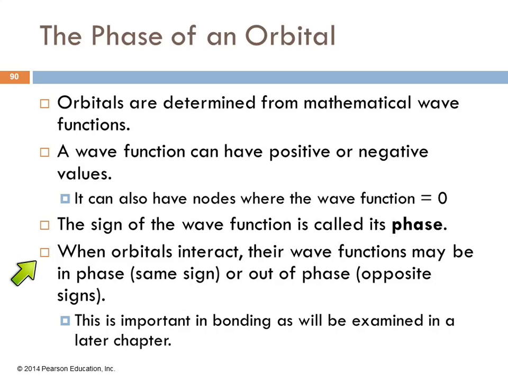When the orbitals overlap, they can be in phase, meaning they have the same sign, or out of phase, opposite in sign. This is going to be really important in a later chapter when we talk about bonding, about these waves being in phase or out of phase, constructive interference or destructive interference.